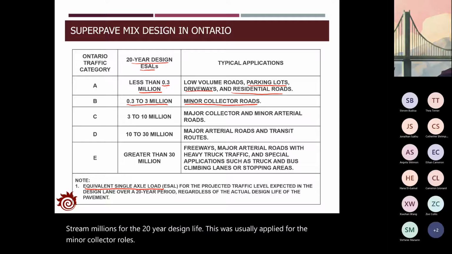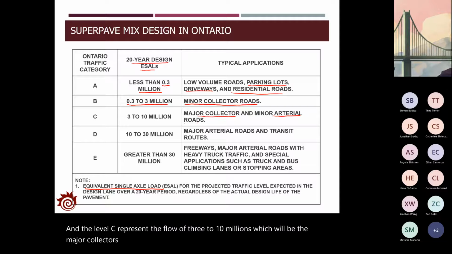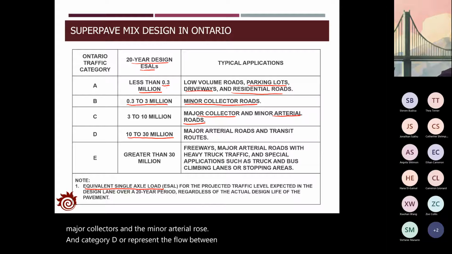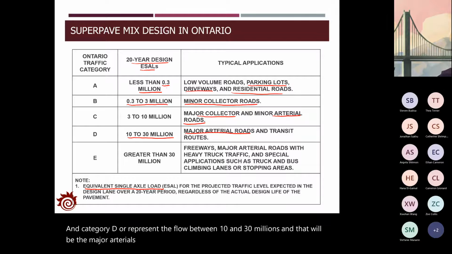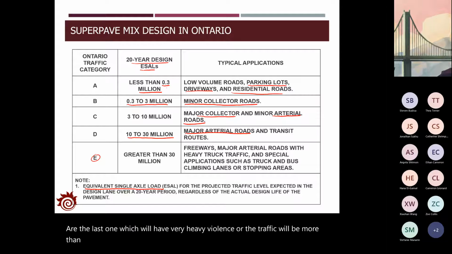And level C represents the flow of 3 to 10 million, which will be the major collectors and the minor arterial roads. And category D will represent the flow between 10 and 30 million, and that will be the major arterial roads and some transit routes. The last one, which will have the very heavy volumes, the traffic will be more than 30 million for the design life.